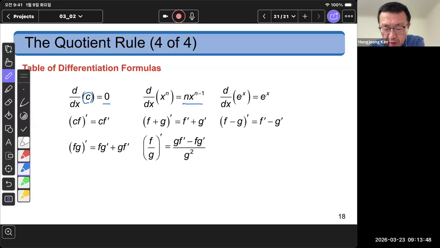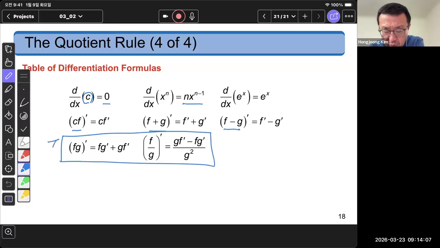In case of constant multiplication or addition or subtraction of two functions, you can perform any of these before the differentiation or after the differentiation. But in case of the product and quotient of two functions, you need to be careful. Please be careful about this.